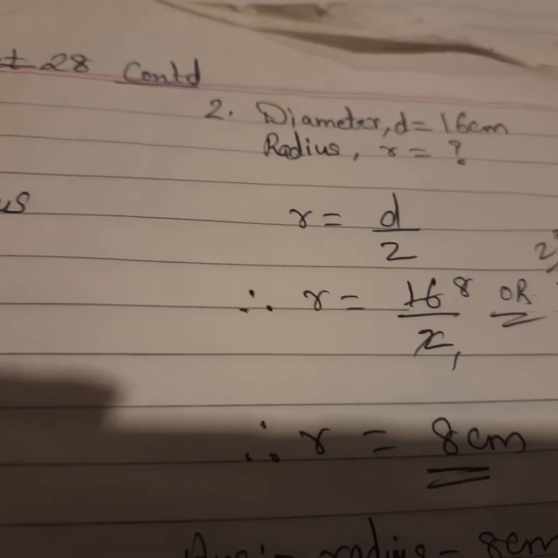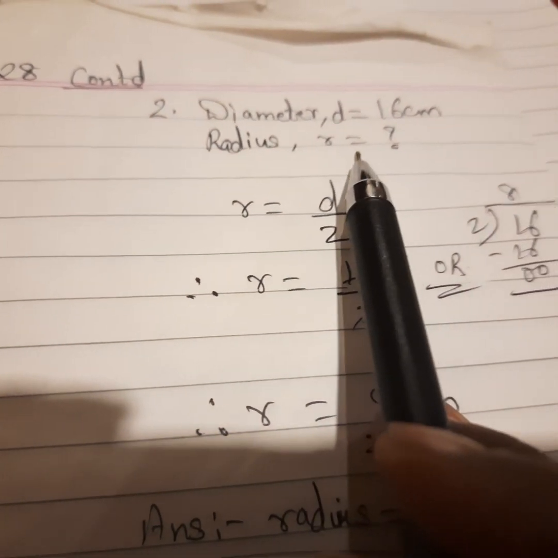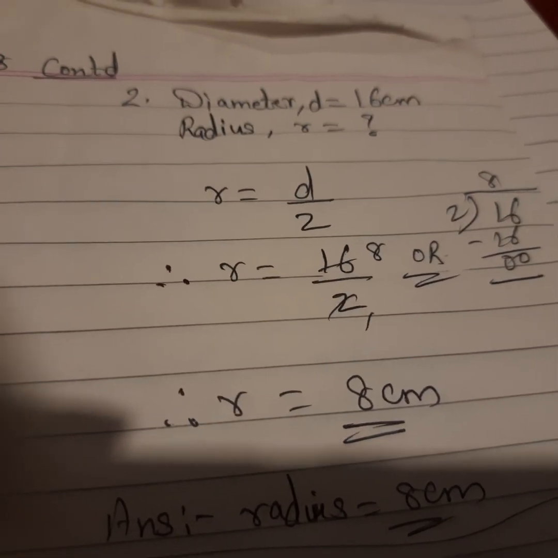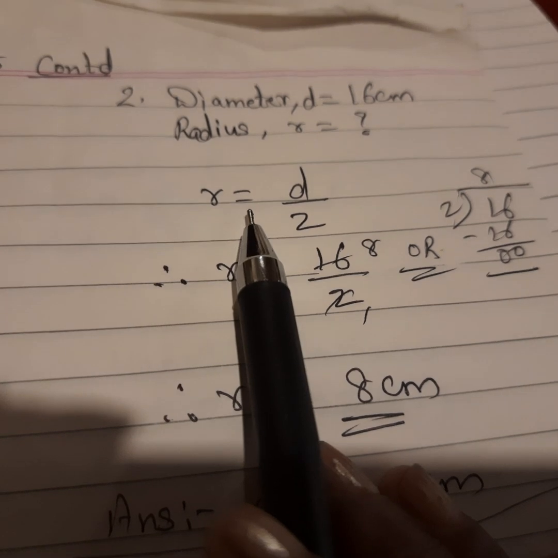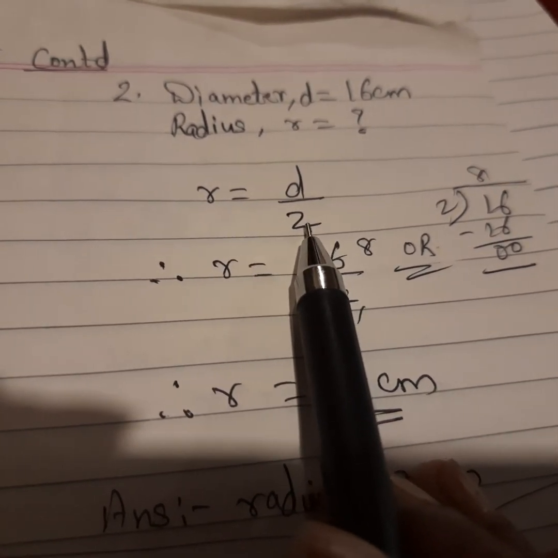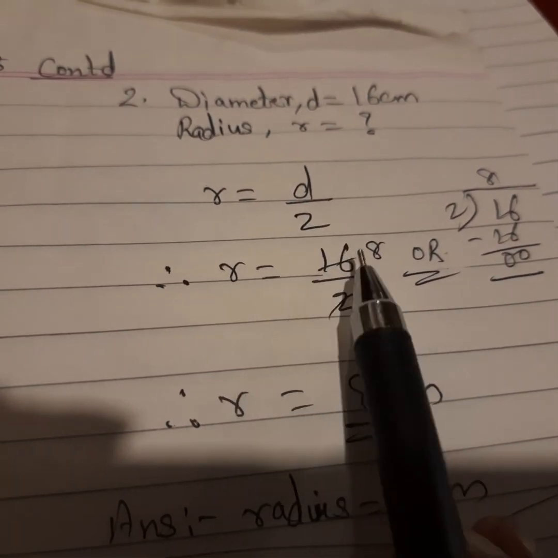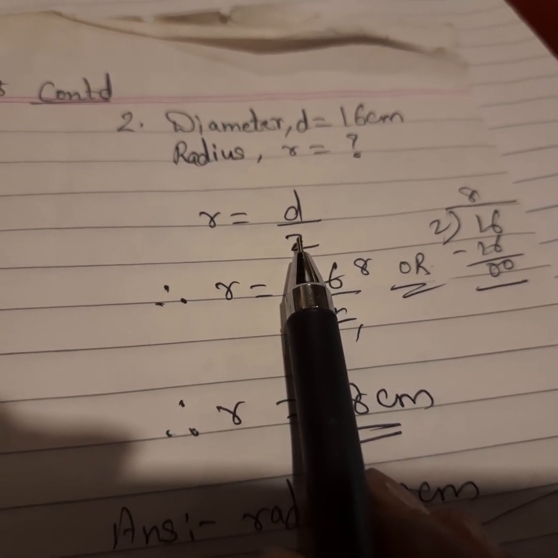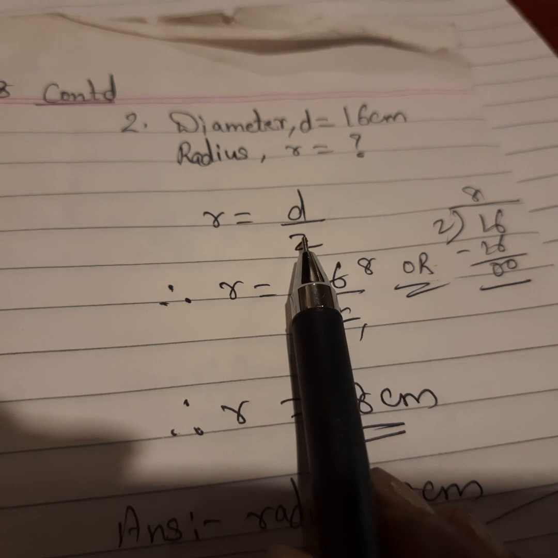Second sum, diameter is given as 16 centimeter and radius we need to find out. So radius is equal to diameter divided by 2, or you can also write down as radius is equal to half into diameter.